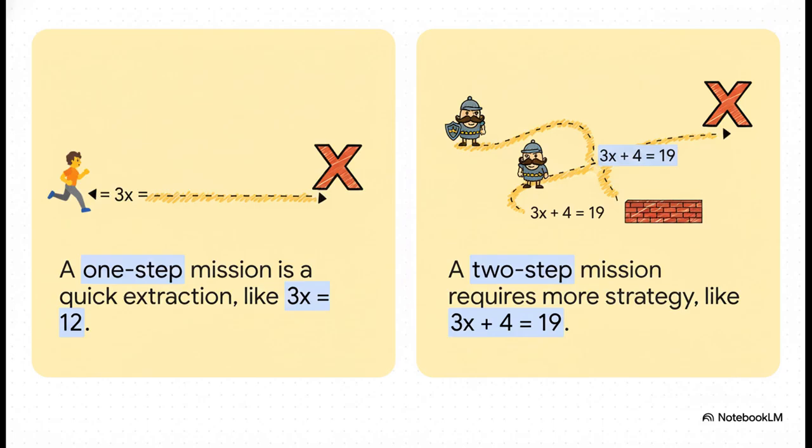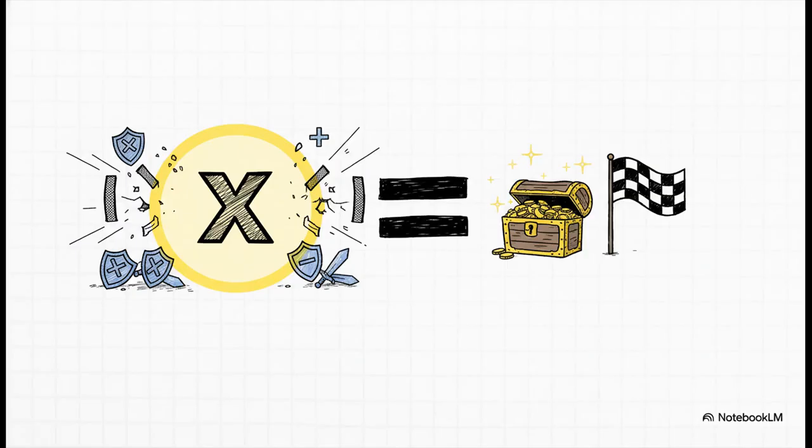This one needs a bit more strategy, because there are two different obstacles we've got to clear to save our hero, x. So here's the bottom line, the absolute number one goal of this entire operation. Isolate the variable. That means getting x completely, totally alone on one side of that equal sign. All its guards, all its barriers, they have got to go.